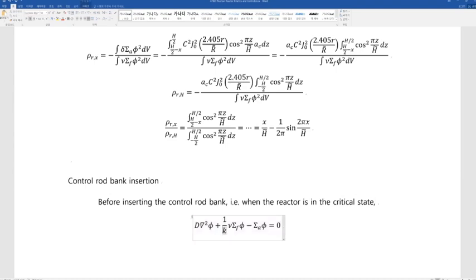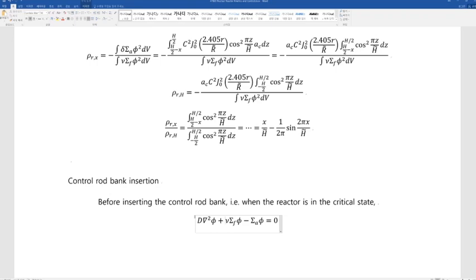In the critical reactor, this would be the neutron balance equation that we learned in our previous semester.